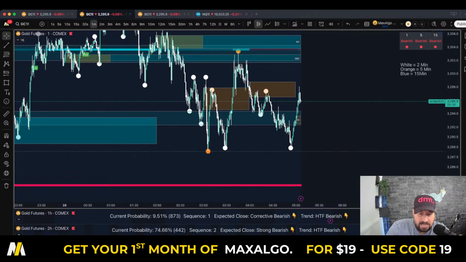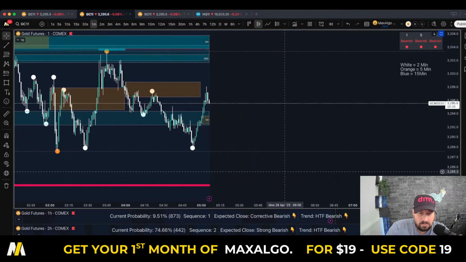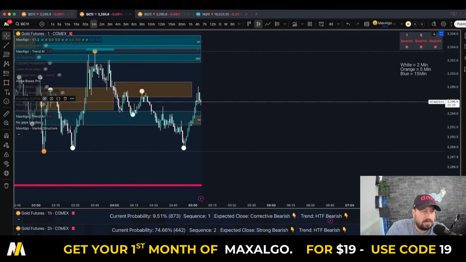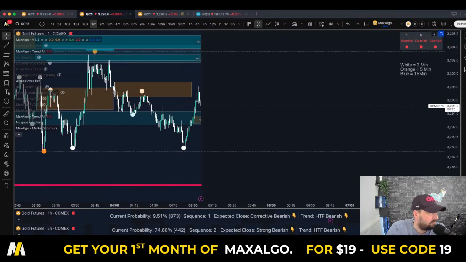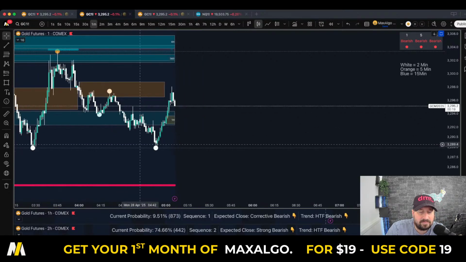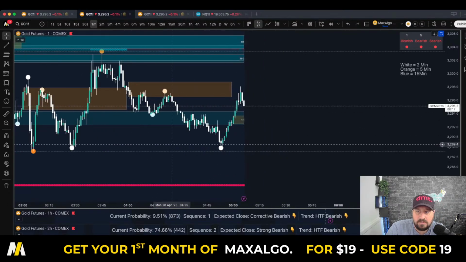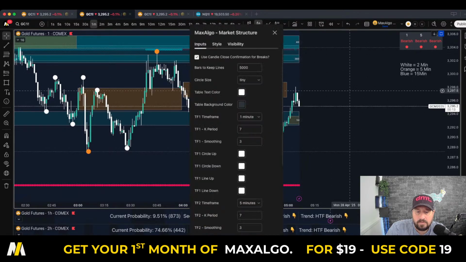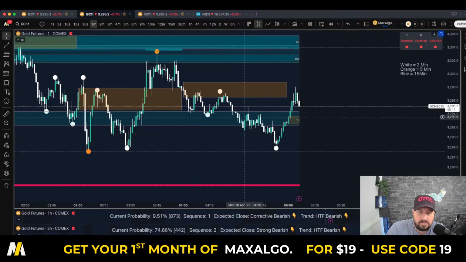So algo on the hourly switching bullish. We're still on the 1 minute on our market structure.